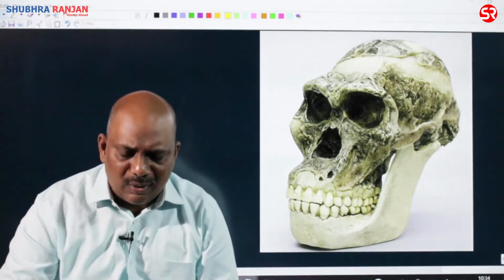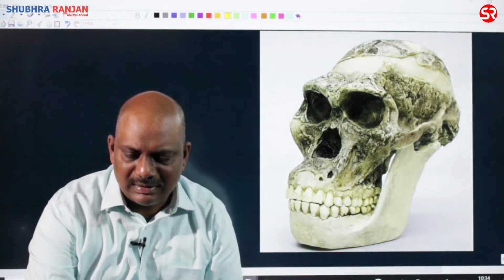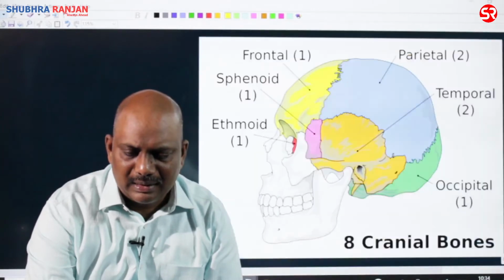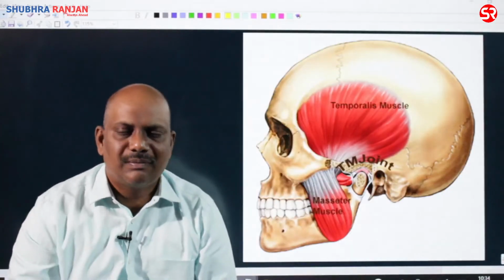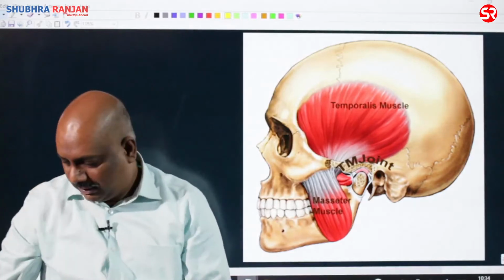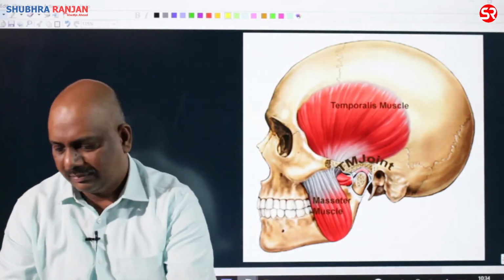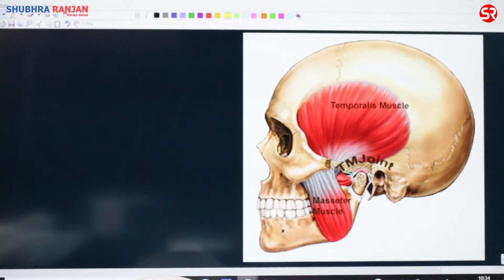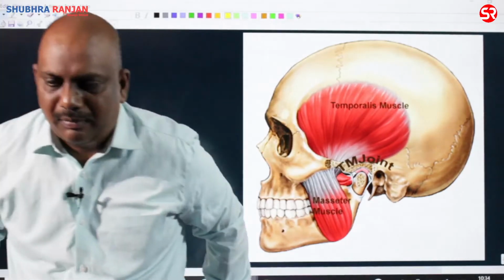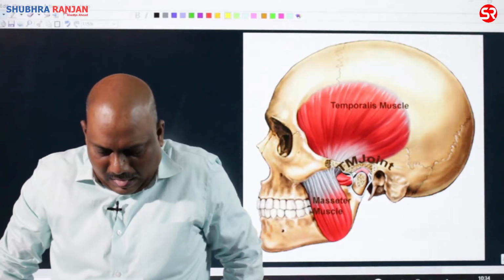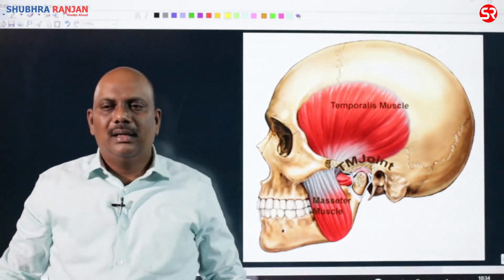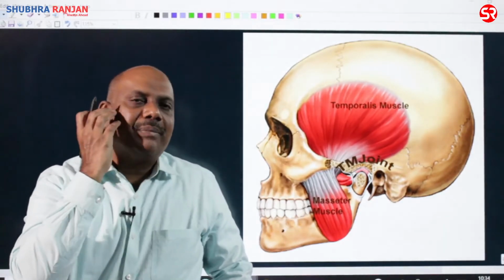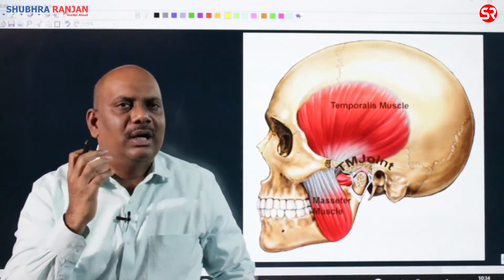But the jaw alone is not sufficient. Along with this jaw, there are two muscles which help us. What is the lower jaw technically called?